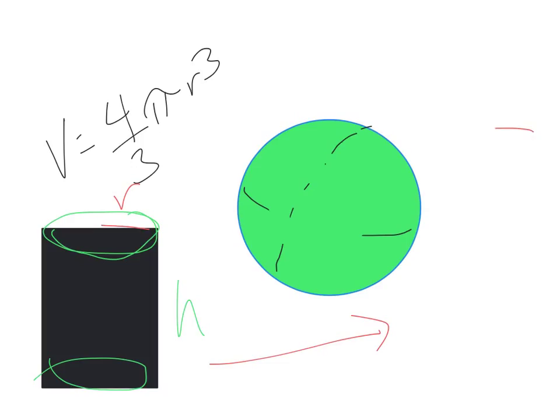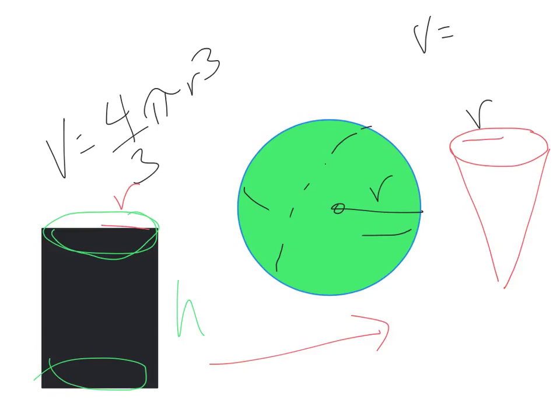Alright, so then you have to make a cone with the same radius. Right, I'll say it's 6 for my example. And so basically, you're going to have to undo some formulas. So the volume of a cone is 1/3 pi r squared times height.